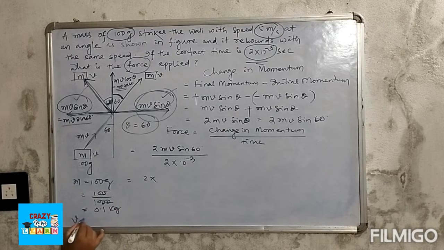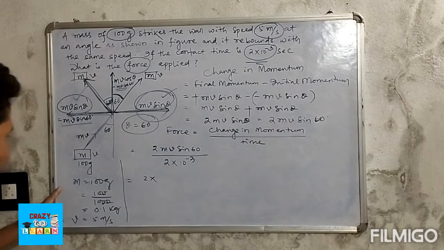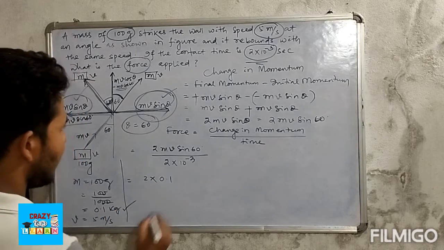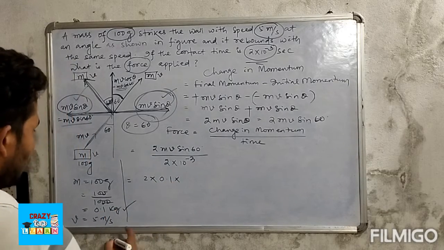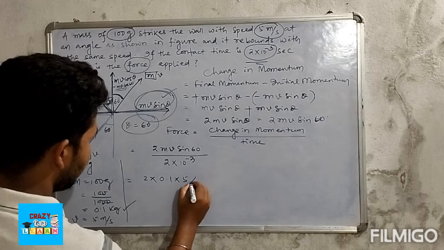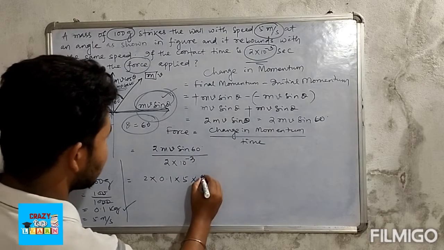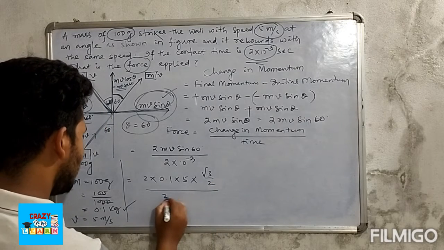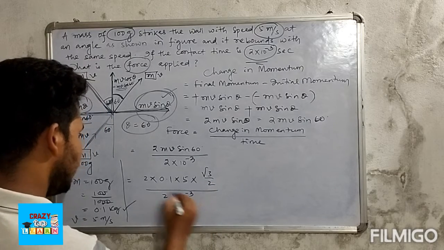And velocity is 5 meter per second. So now put the values: 2 into mass 0.1, into V which is 5, into sin 60. Sin 60 means root 3 by 2, divided by 2 into 10 to the power minus 3.